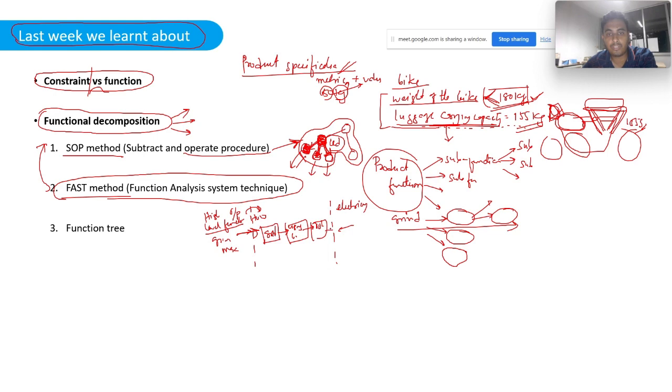Then how to rotate? Using a motor. How to rotate the motor? Using electricity. So like that we connect from output to input, asking the question how, and we verify the same thing, asking the question why, from left to right, from input to output. Clear?